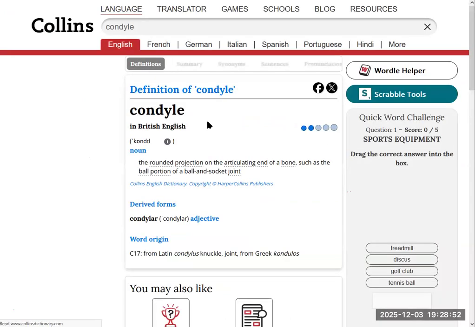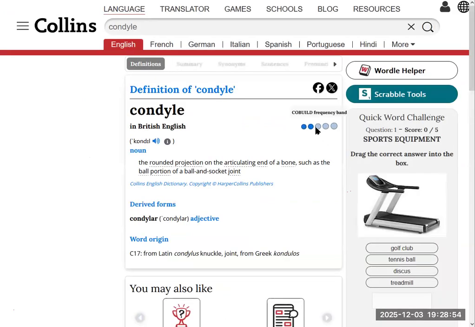Oh, it is. They're saying it's quite a frequent word. I've never heard it. So it's the rounded projection on the articulating end of a bone, such as the ball joint of a ball and socket joint. So it's the rounded end part of any bone in your body, really. But I think we're talking about the teeth in particular. So condyle.